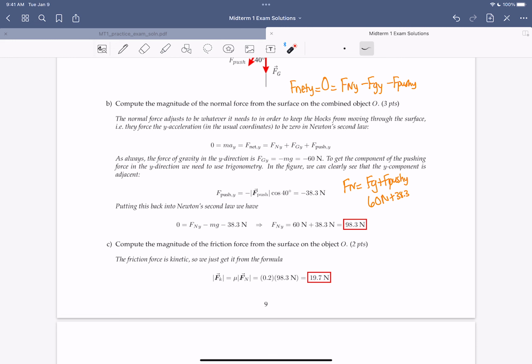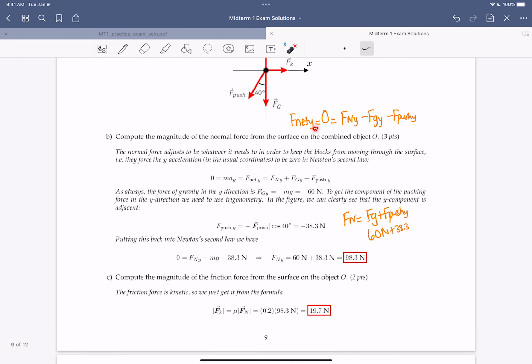Does that make sense for part B? So you set up an F net equation, should be equal to 0 because there's no motion in the Y direction. Set it up like this. I like to integrate the directions, so then I can just add everything normally on the left-hand side, so Fgy plus F push Y. Fg here is the combined weight of both boxes, so that's 3 kilograms plus 3 kilograms, 6 kilograms total for my mass.